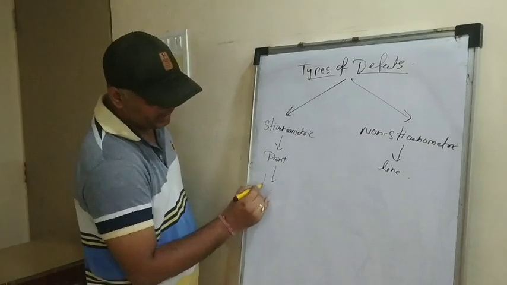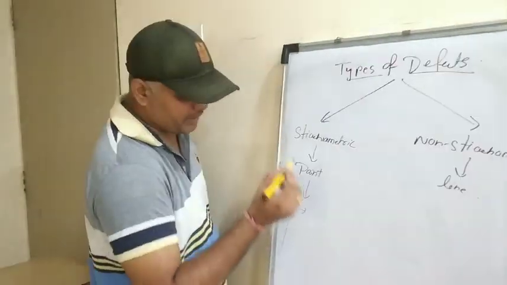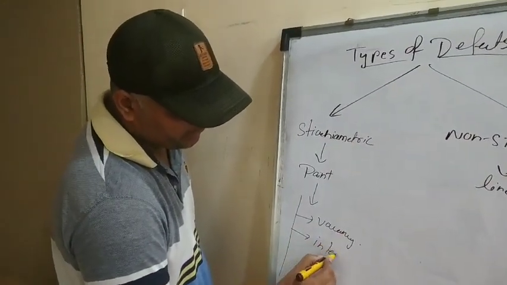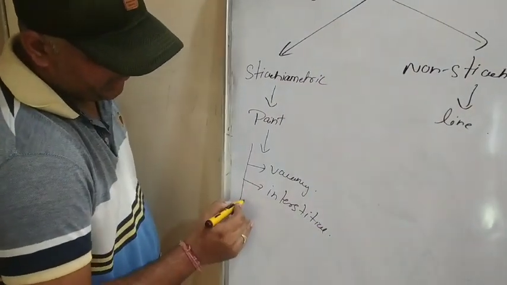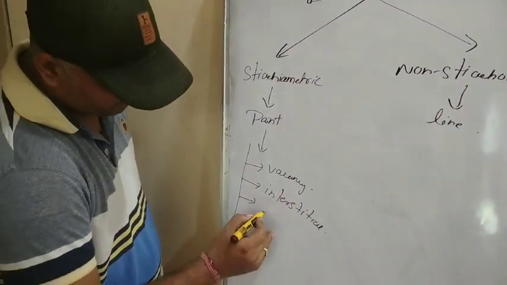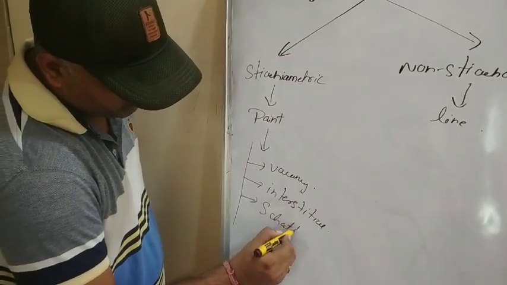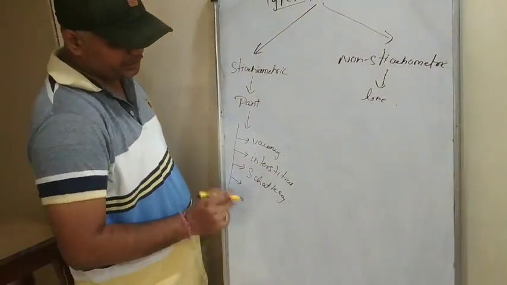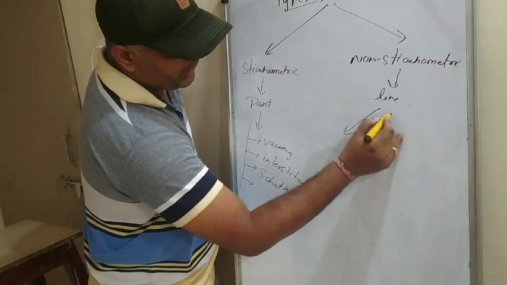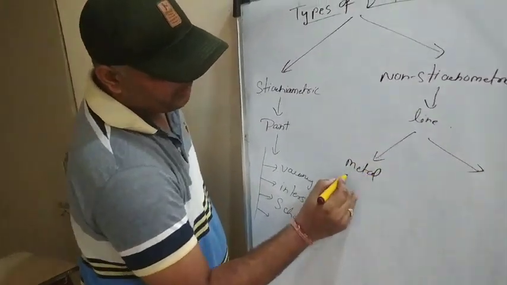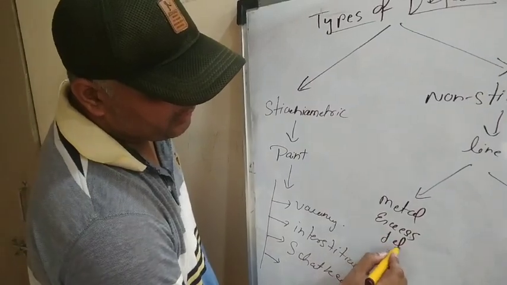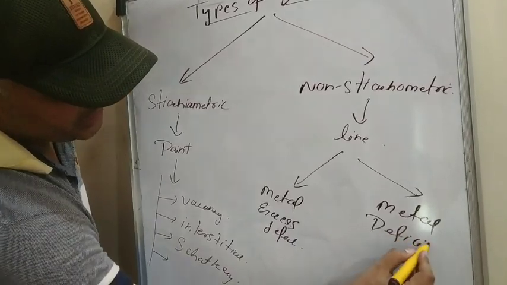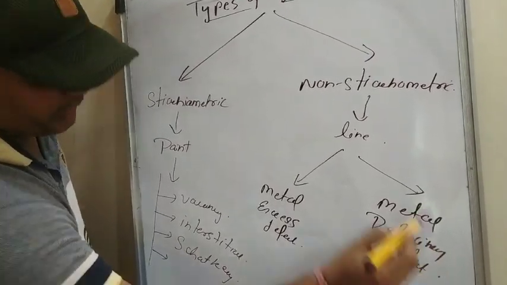Then comes the further classification. Stoichiometric defects are further classified as vacancy defect, interstitial defect, Schottky defect, and the last one, Frenkel defect. Non-stoichiometric defects have 2 types: metal excess defect and metal deficiency defect.